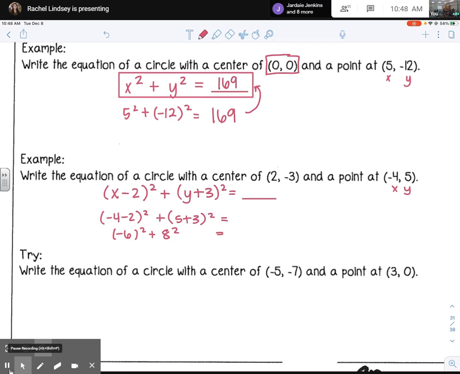What's negative 6 squared plus 8 squared? So that's what would go up there in my blank.